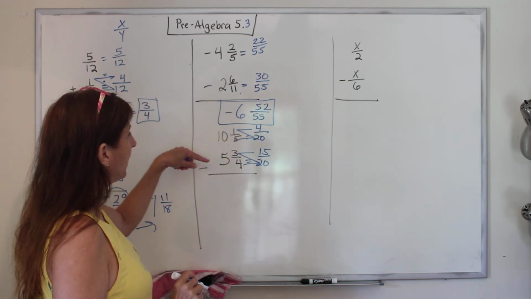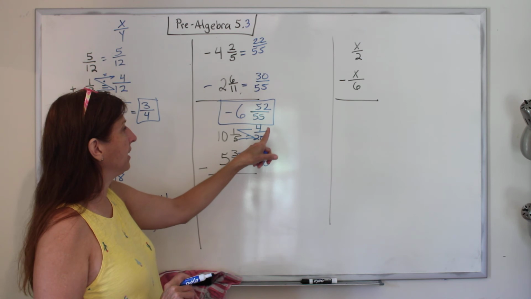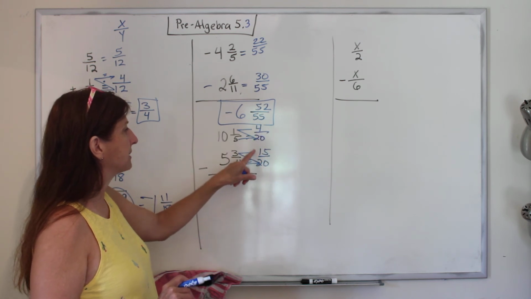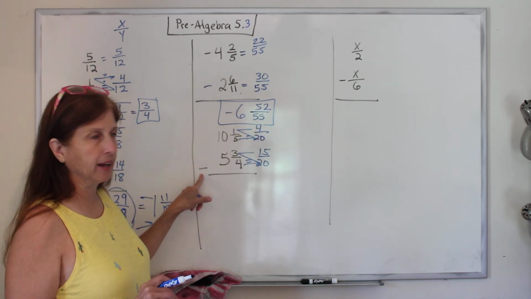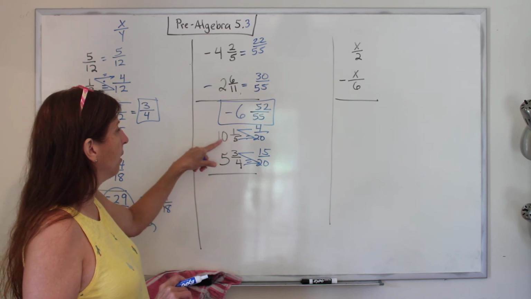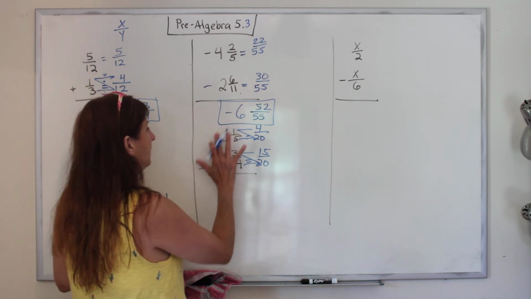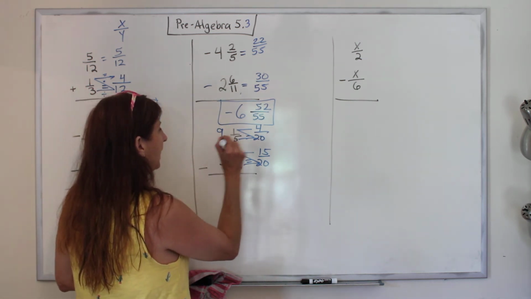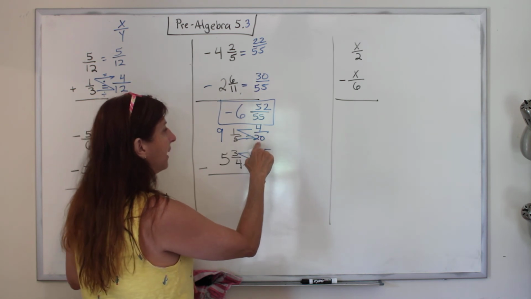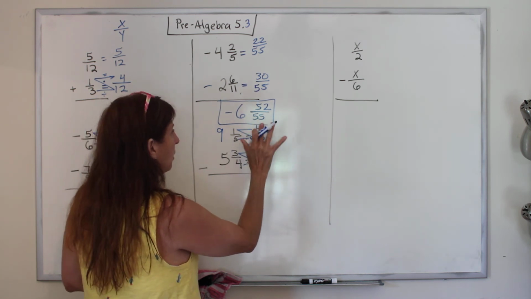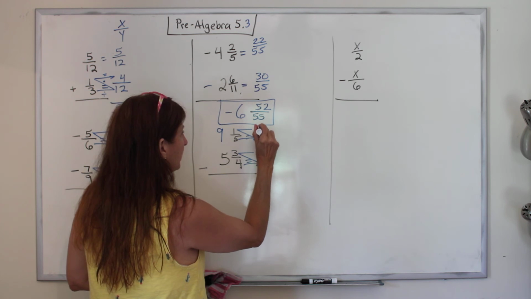And this is subtracting. So can I do 4 minus 15? No, I can't. So I need to borrow one from this 10, turn it into a 9, and add 20 twentieths to this, which would make that 24.